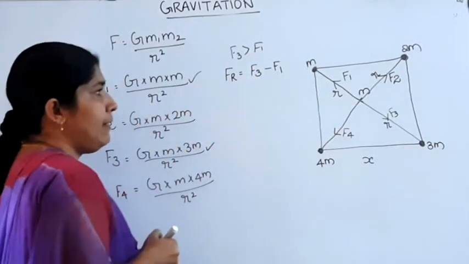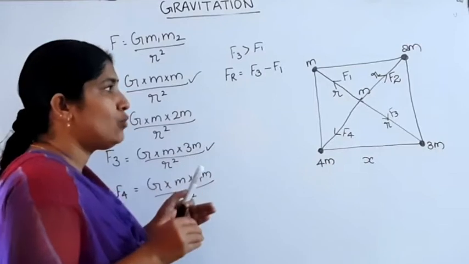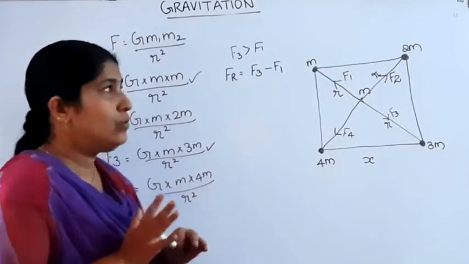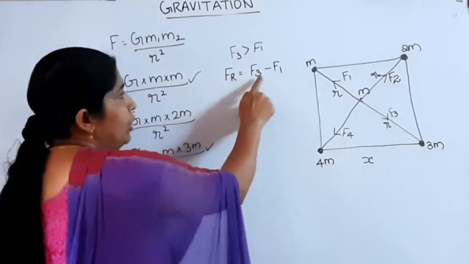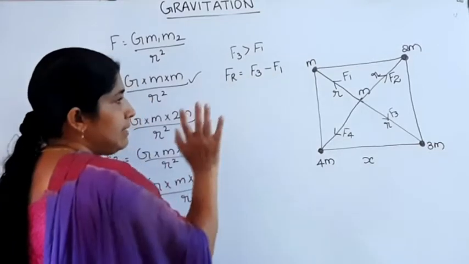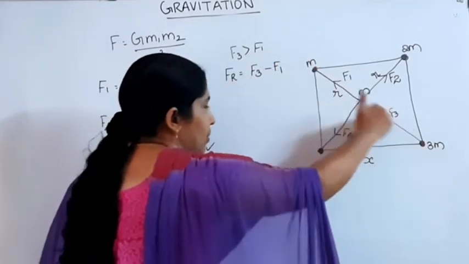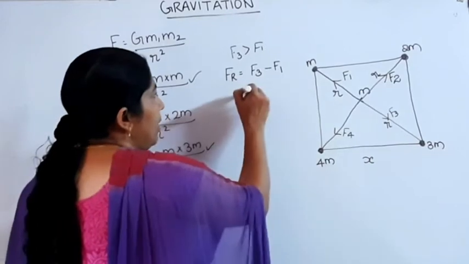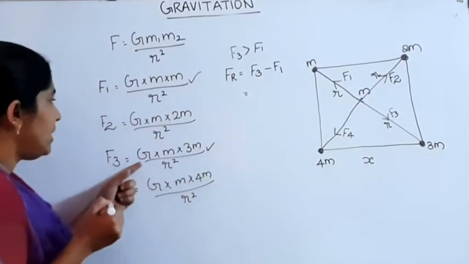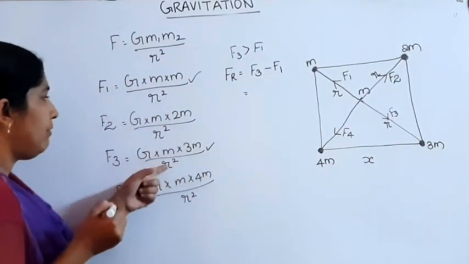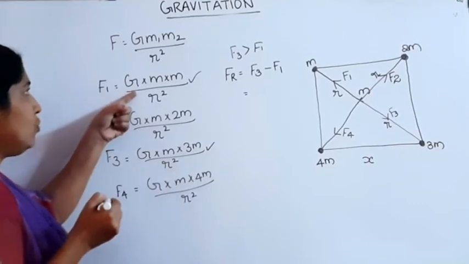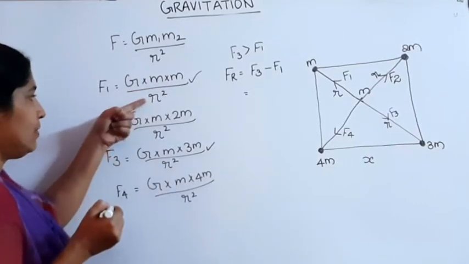These two forces, F3 and F1, are along a straight line but in the opposite direction. Then F3 minus F1 is the resultant force in this direction. F3 is equal to G into M into 3M divided by R square, minus G into M divided by R square.